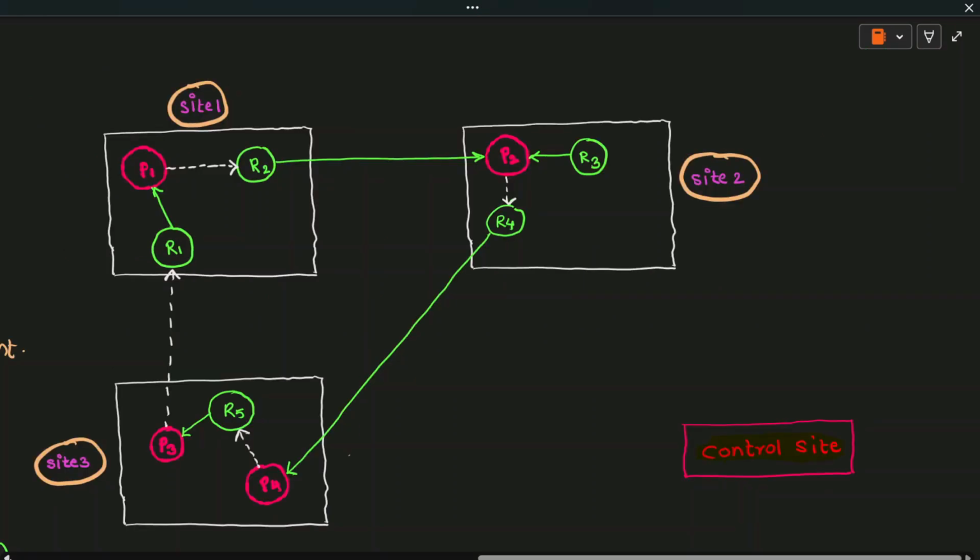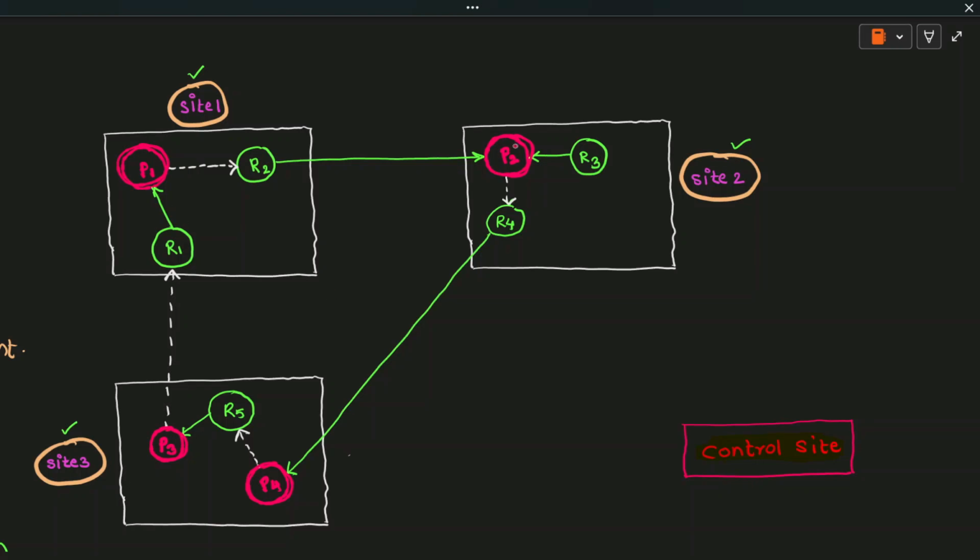Consider this diagram. We have 3 sites: site number 1, site number 2 and site number 3. Site 1 is holding process P1, site 2 is holding process P2 and site 3 is holding two processes, P3 as well as P4. Now process P1 is waiting for resource R2, and P1 is holding resource R1.